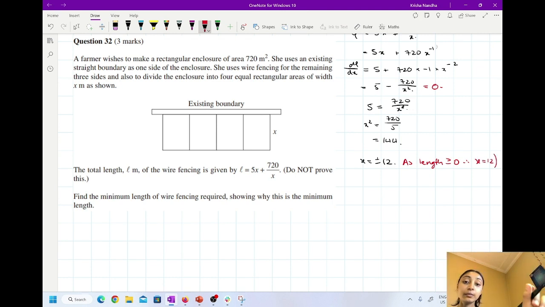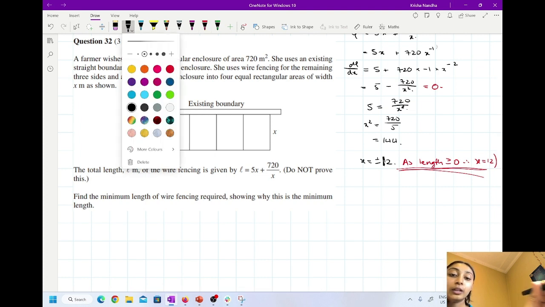You need to write this because there's a chance your exam would have this and you might lose a mark for it.